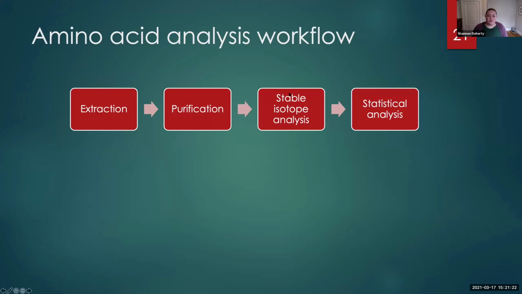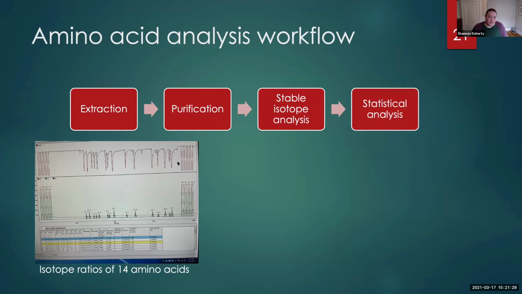Then we run stable isotope analysis on these amino acids with our isotope ratio mass spectrometer. And what we end up with is isotope ratios of 14 amino acids. So we'll have a chromatogram that looks like this, and each peak is an amino acid. And then for each peak, we also have an isotope ratio that's measured.